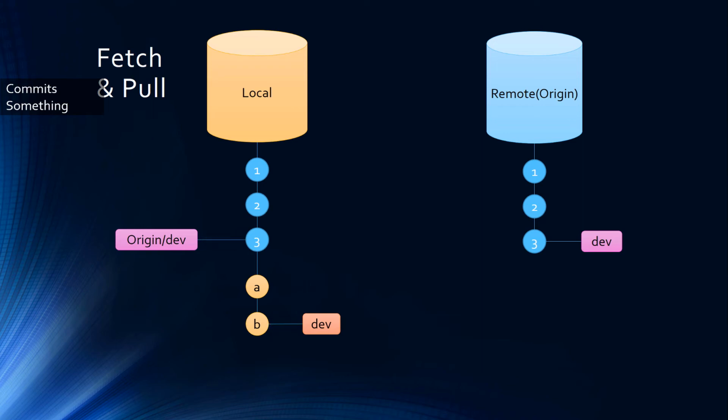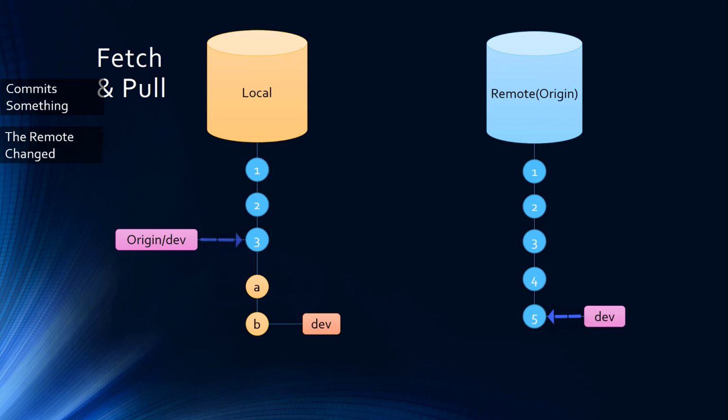Now, let's suppose someone has pushed his commits 4 and 5 to the server. We can see that the dev branch in remote now moves to commit 5. As you haven't communicated with the remote server yet, the origin-dev branch hasn't changed. You probably would like to sync with the remote repository.